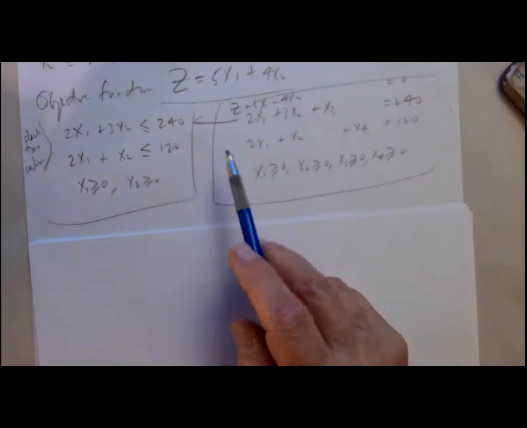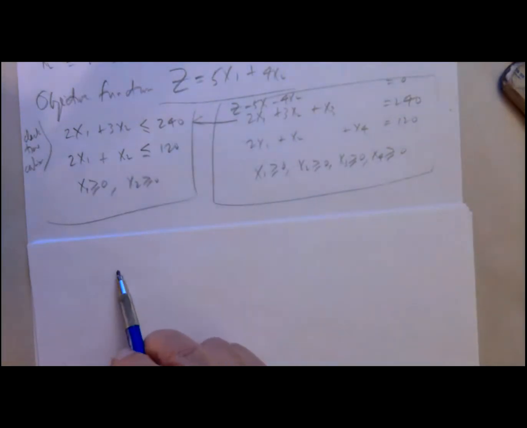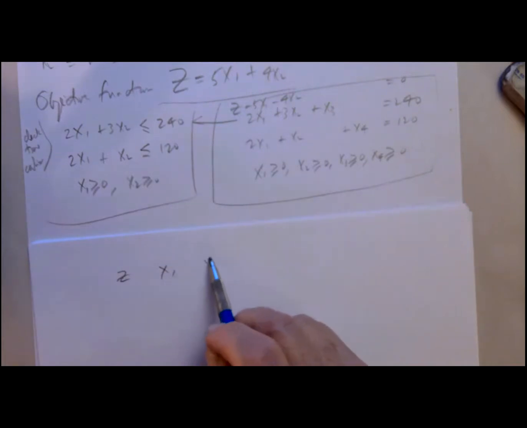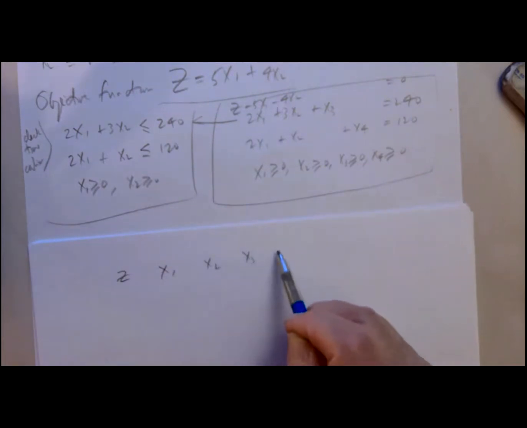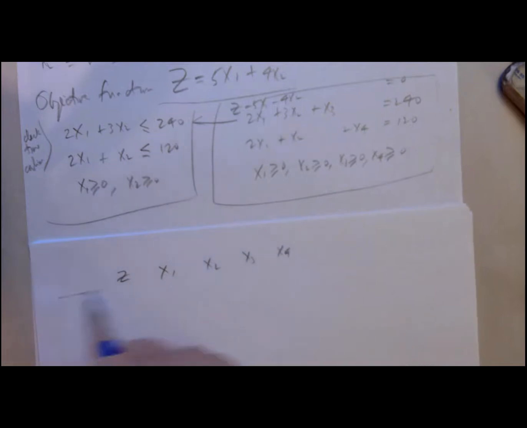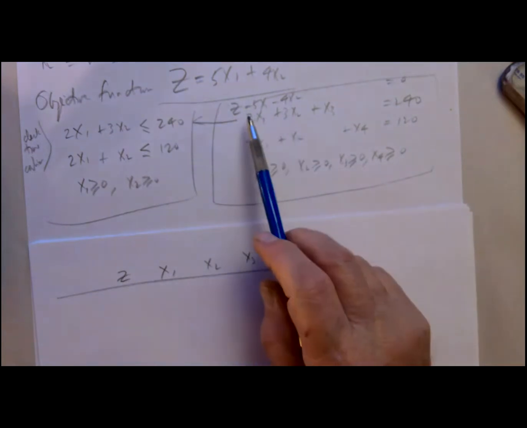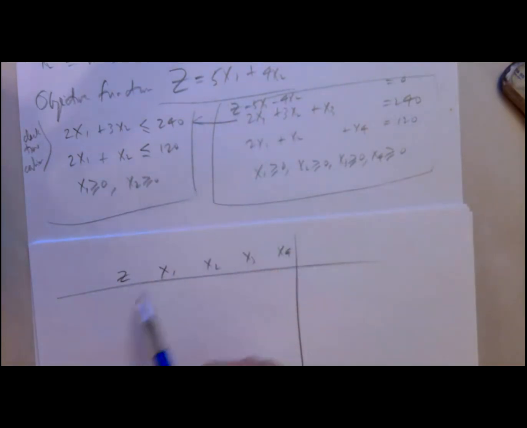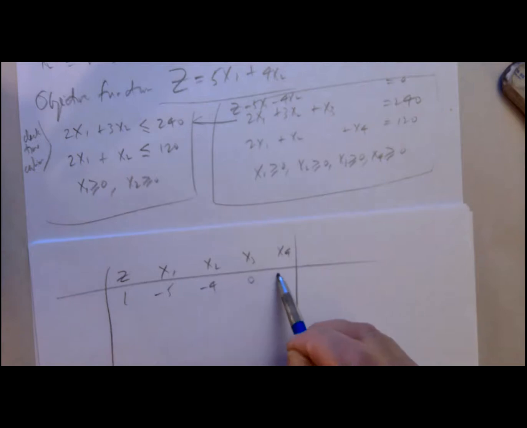So I have columns for the variables z, x1, x2, x3, x4. And this equation, if you write down the coefficients, you get 1, minus 5, minus 4, 0, 0, 0.